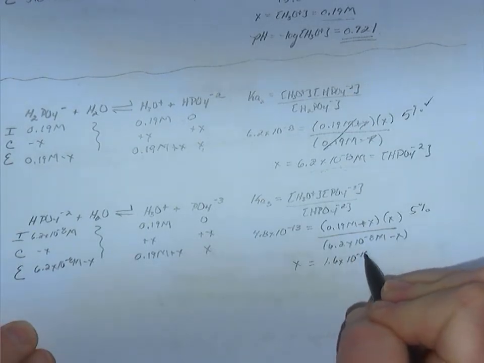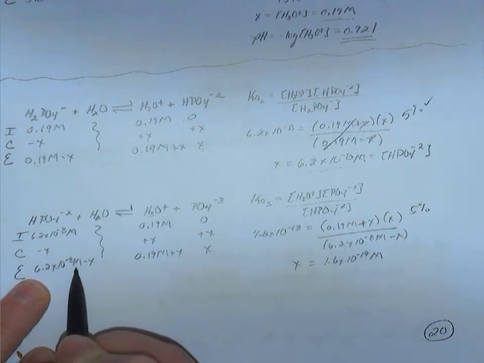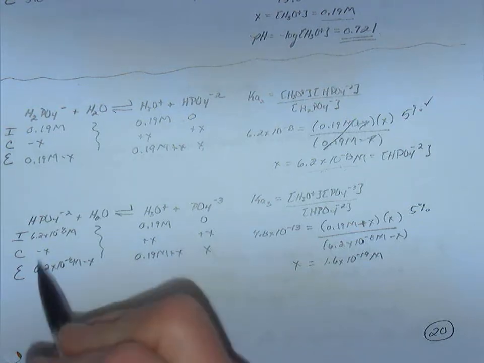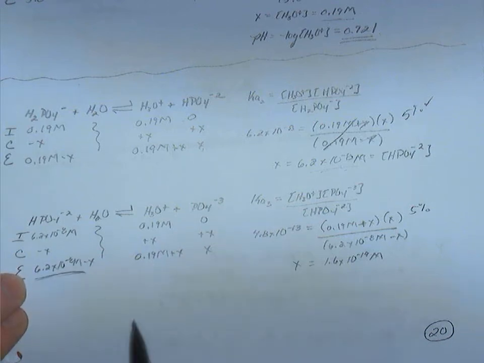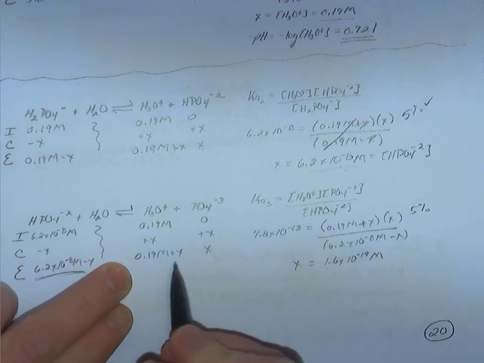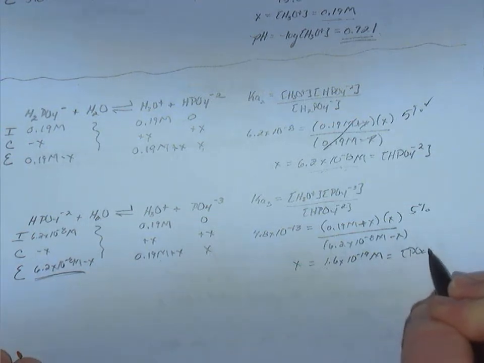Whew. So that definitely will not change this value. So our HPO4 minus 2 will simply be this concentration that we formed. This, of course, will not add anything to our concentration of hydronium, but this will be our concentration of our phosphate ion.